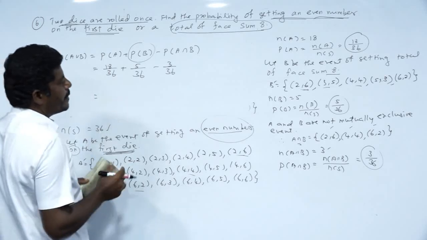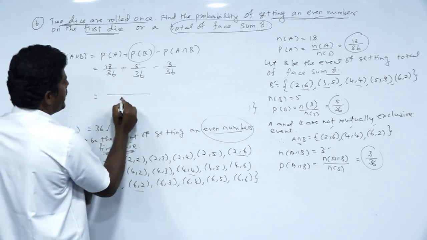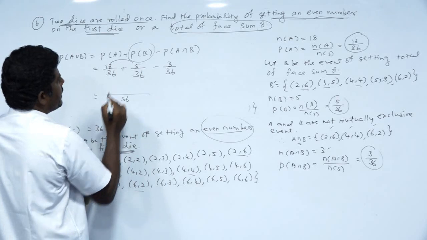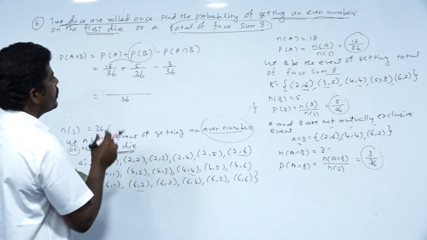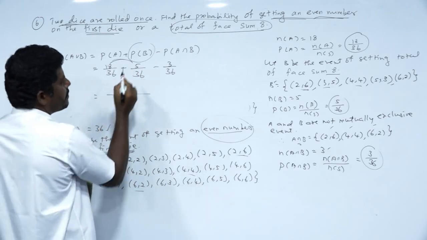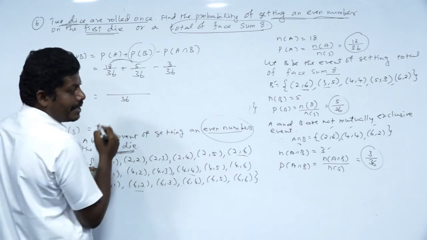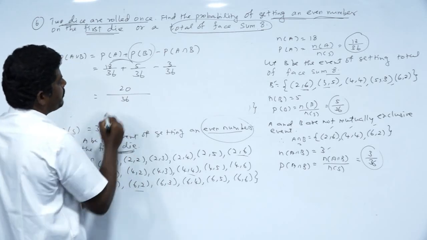Now all the denominators are same, 36. Numerator is 18 plus 5, 23. 23 minus 3, 20, my dear students.